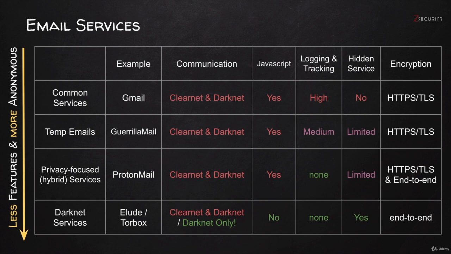Like I said, if you really want to use these, you want to make sure that you use a fake identity and never communicate with your own email addresses or any other email addresses that can link to your real identity. They do not offer a hidden onion service link, and they do use HTTPS encryption. So these were the base.